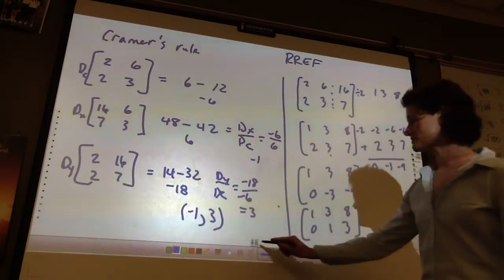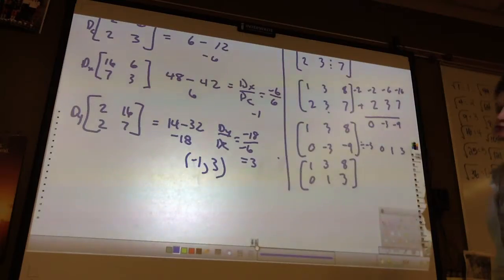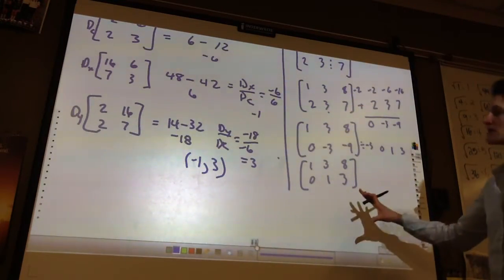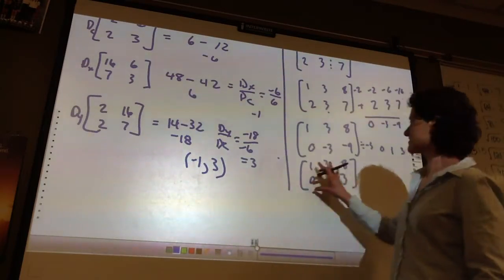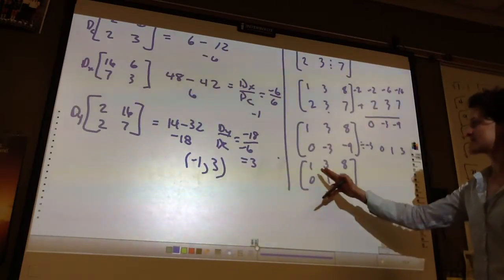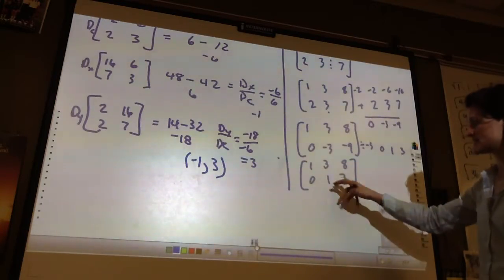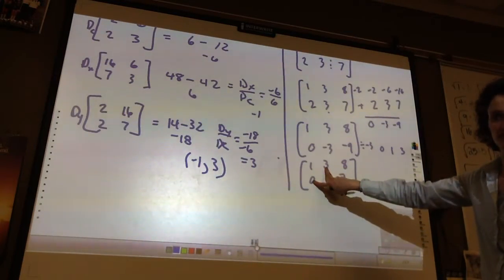Now we could go one more step and put it in reduced row. And I'm going to do that for this example so that you can clearly see how this matches up with this. Now that last step, I want a 0 in this spot. Reduced row means I have a 1 in the diagonal, 0s above and below those 1s.